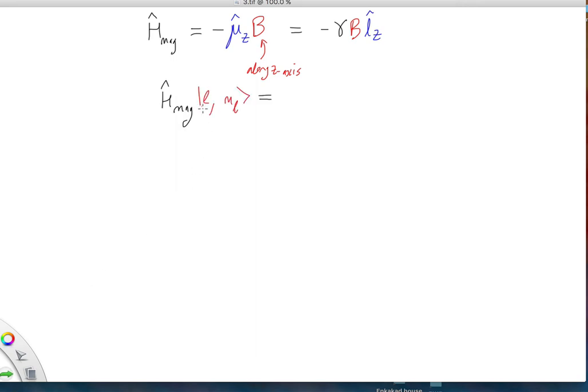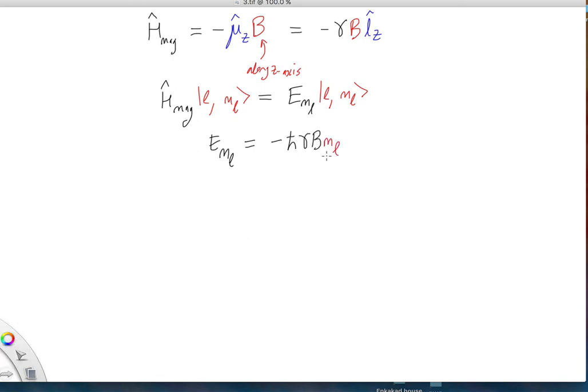And that has a consequence that the angular momentum eigenfunctions ket L ml are also eigenfunctions of the magnetic energy, with eigenvalues which depend on the value of ml, the magnetic quantum number. And those eigenvalues are simply given by minus h bar gamma B ml.